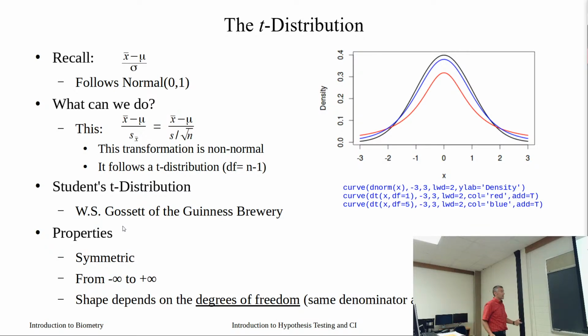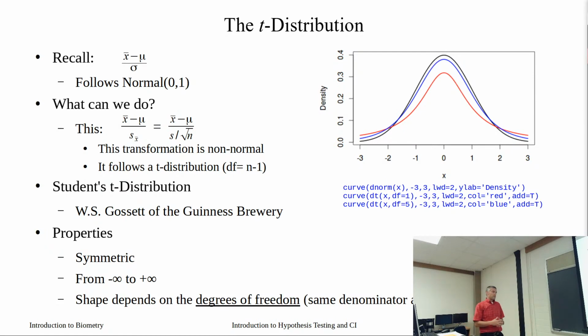We know that it is symmetric. Mirror image. The left half is a mirror image of the right half, which is useful because if we do area under the curve, we only need one side, and then we already have the other side. Our distribution runs from -infinity to +infinity. Same thing with the normal distribution.